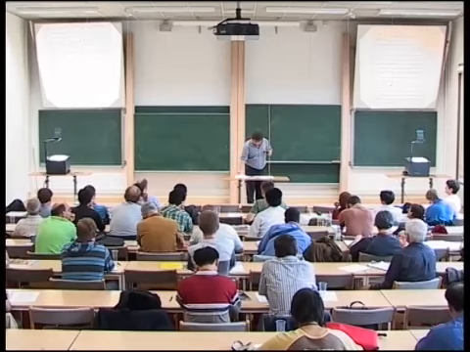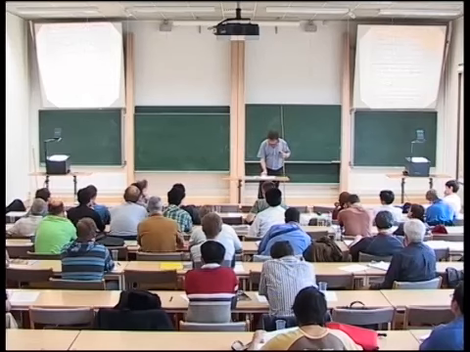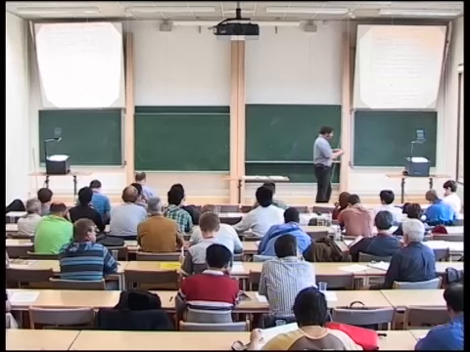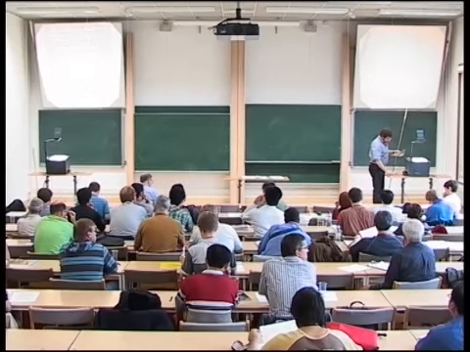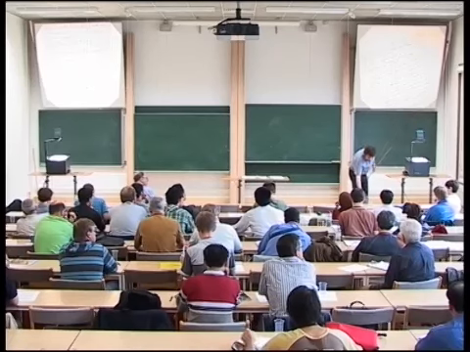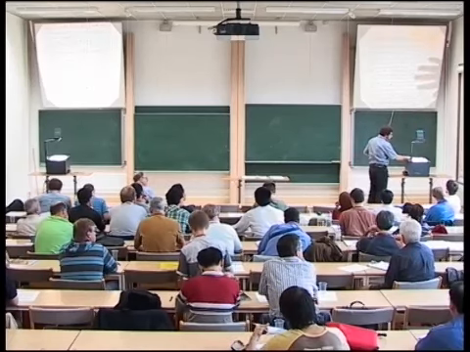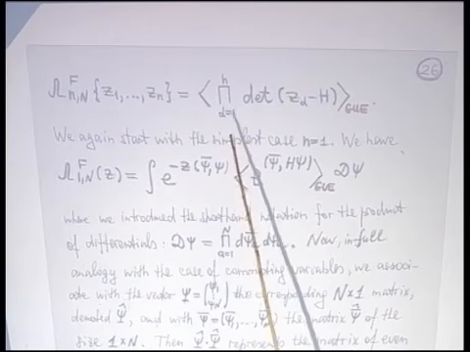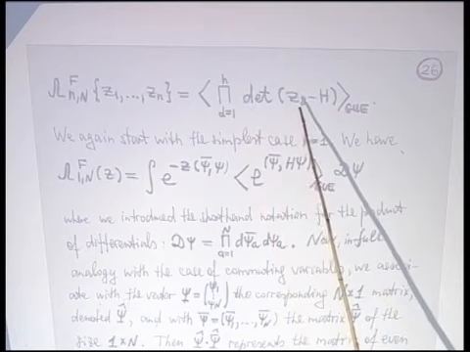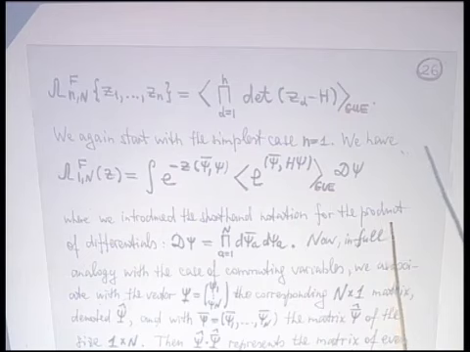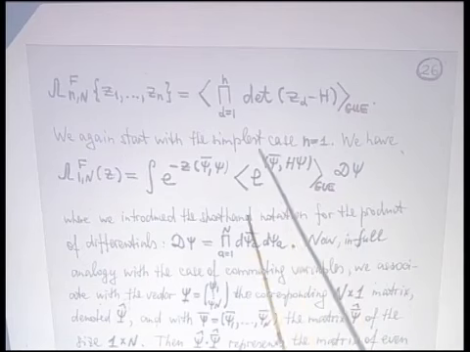Okay, now we have all the necessary tools to perform the job that I promised, to calculate the correlation function of a type which involves a product of a few spectral determinants of the spectral parameter minus h, where h I've taken from the ensemble of Hermitian random matrices with Gaussian measure.